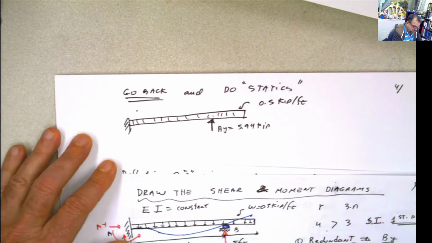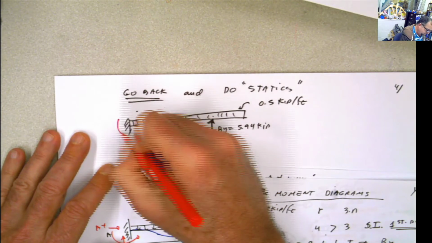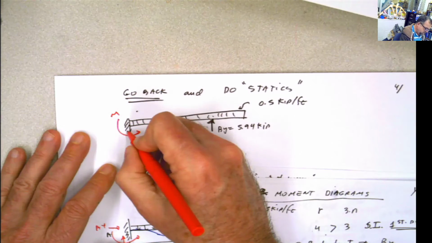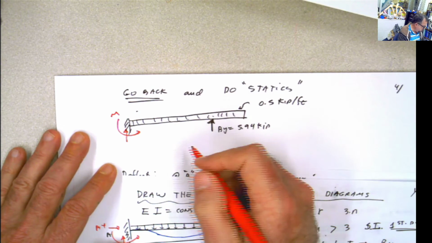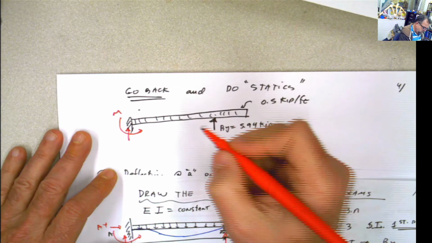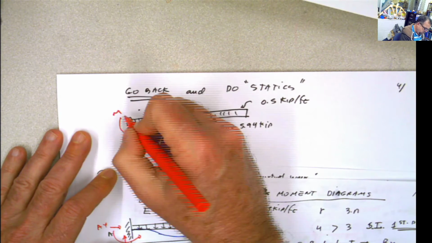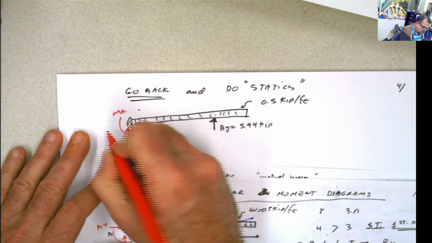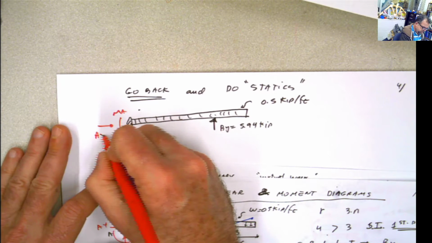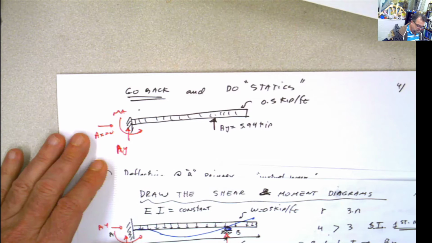And I can perfectly calculate now my moment and my reaction, which is going to be MA and AY, and this is going to be 0 because there's nothing else going on in X.